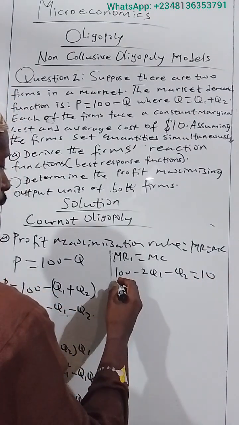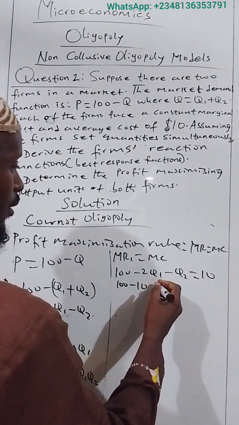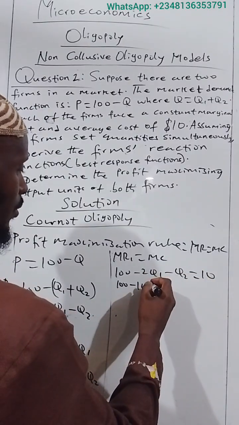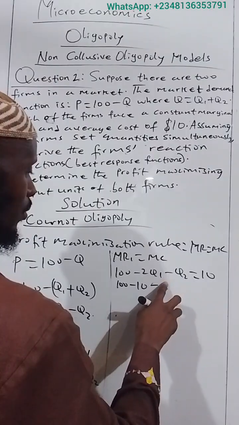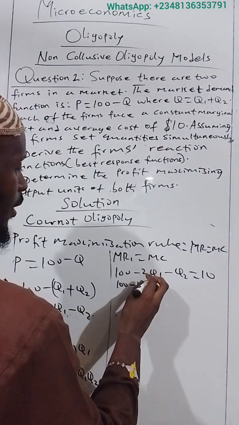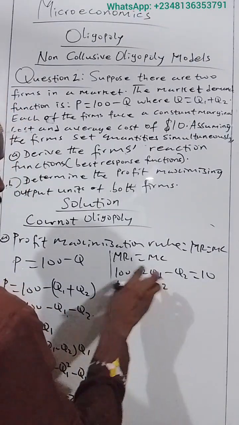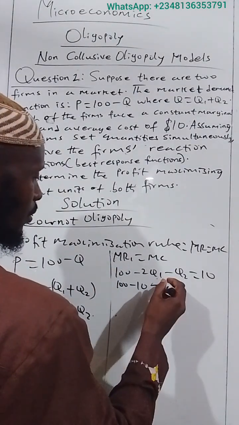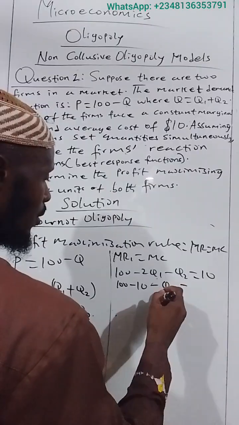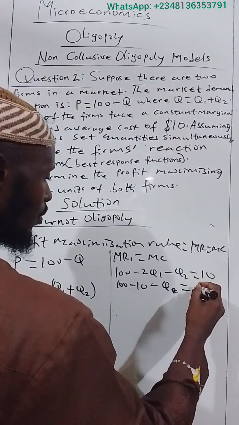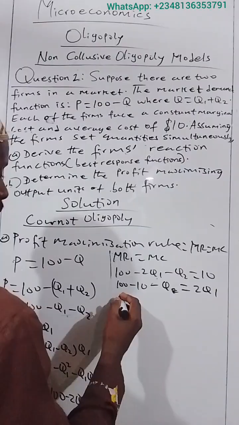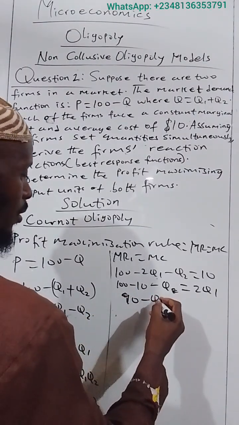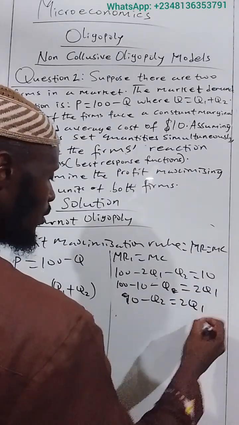When I collect the like terms, I have 100 minus 10, then minus Q2, which is equal to 2Q1. This is 90 minus Q2 equals 2Q1.